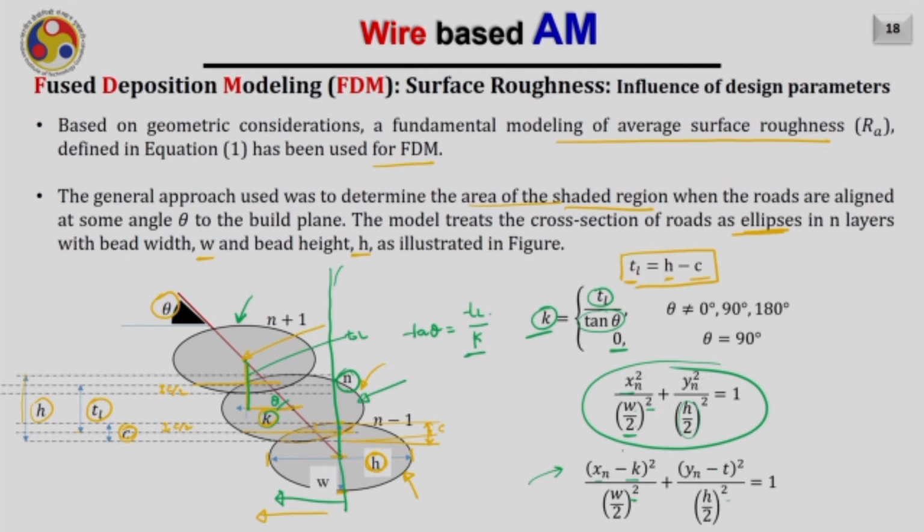So, basically the ellipse corresponding to the n plus 1th layer got shifted by k comma t, where k is the shift along the x axis and t is the shift along the y axis, and of course this will be my new equation of the ellipse. So, at any location now you can obtain the equation of the ellipse. You know the equation of this ellipse, you know the equation of this curve, and you know the equation of this curve as well.